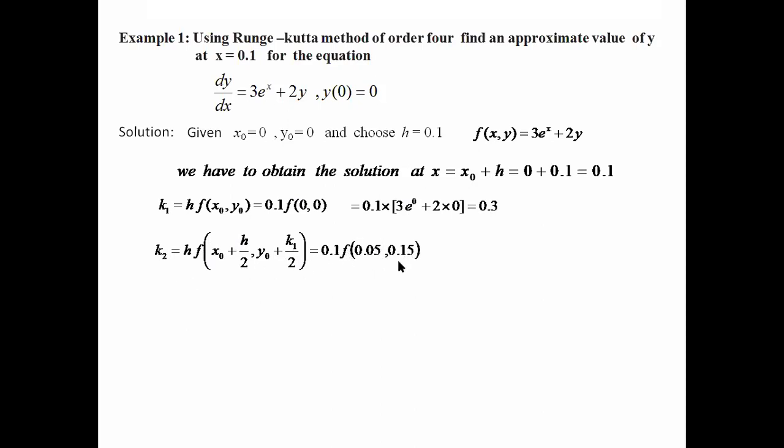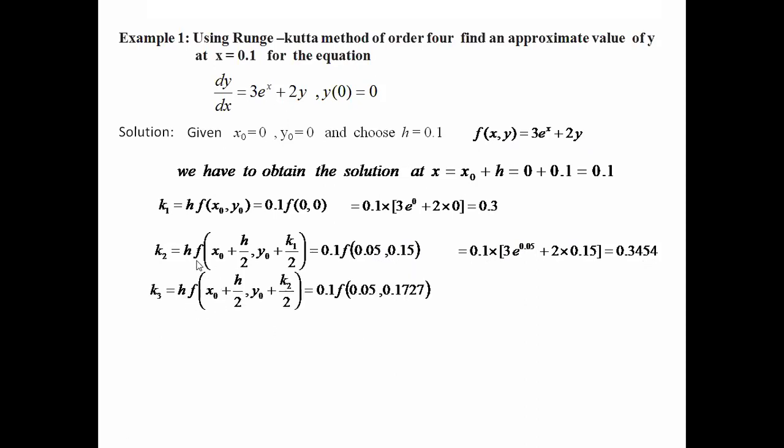But f of x comma y is 3 times e power x coordinate plus 2 times y coordinate. So that's 0.1 into 3 times e power 0.05 plus 2 times 0.15. Using a calculator to simplify, this value is 0.3454.